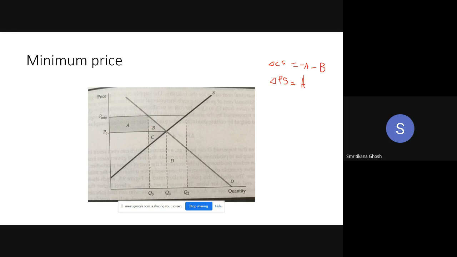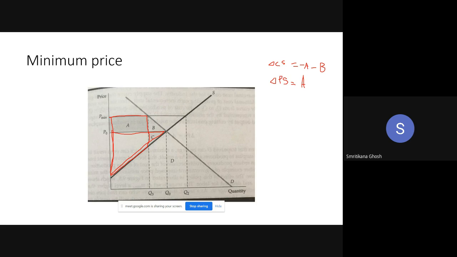Look, initially the producer surplus was much larger. Now the producer surplus is like this, then this, then this. So now the producer surplus is only this, because you cannot sell Q naught. You have to remember that now I cannot sell Q naught. I have to stop at Q3. Regarding C, this is the loss actually.